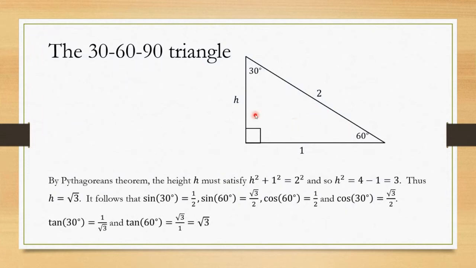With Pythagorean's theorem, you get 1 squared plus h squared is 2 squared. So a squared plus b squared is c squared. Then you solve for h algebraically. You get h squared is 4 minus 1, which is 3. So h is radical 3.